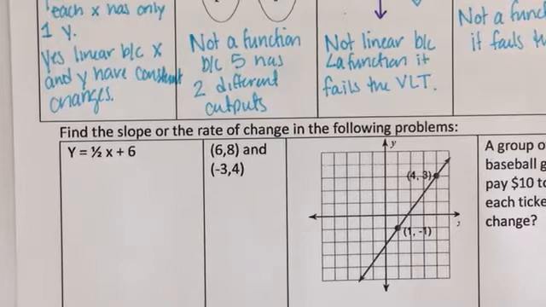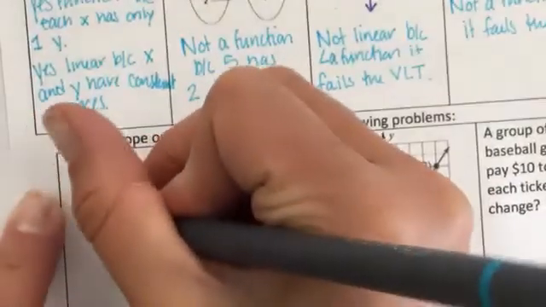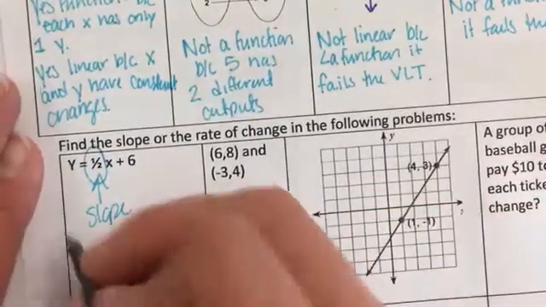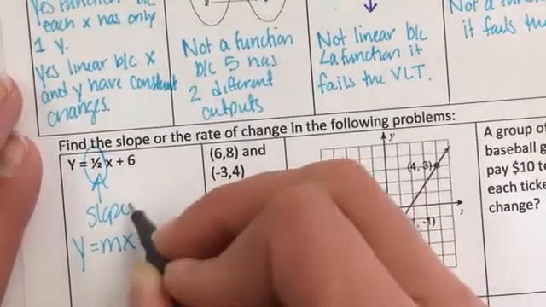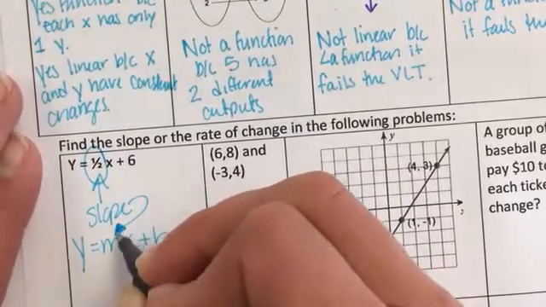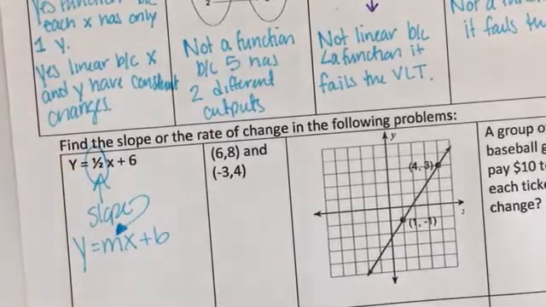Okay, Danica? Yep, so the slope is just 1/2. Our equation is y equals mx plus b, where m is your slope. So if your equation is in that form and I said, hey, find your slope, you should just be able to tell me the answer. Okay, so don't make it any harder than it is.